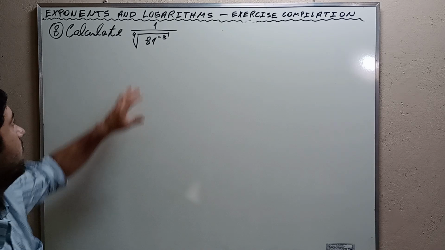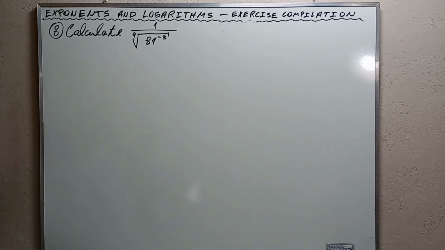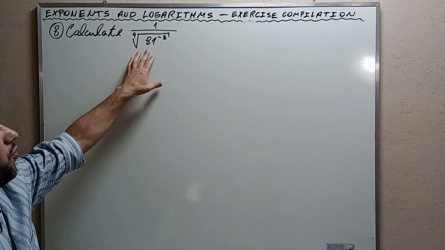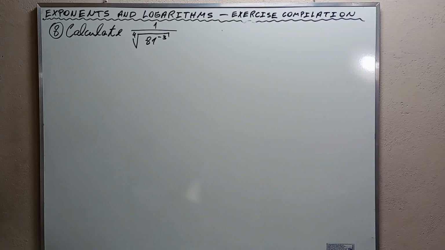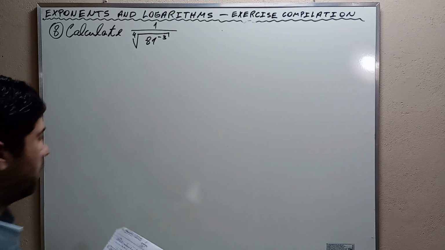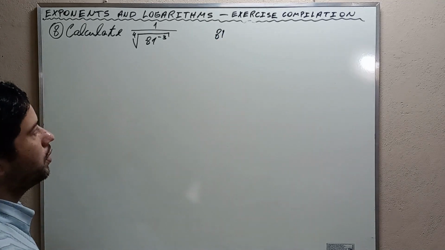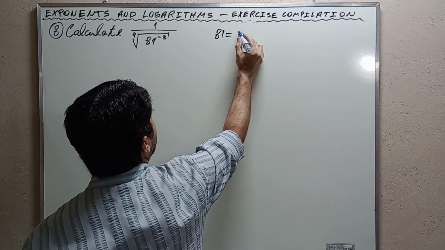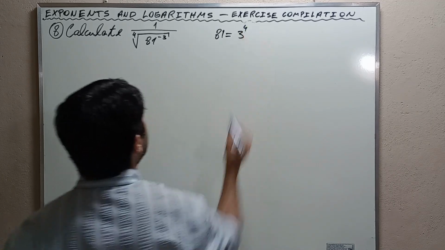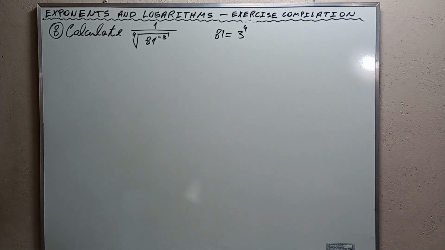Exercise number 8, calculate this. And to solve, firstly, we have to understand that 81 is equal to 3 to the 4th. Then we are going to substitute 81 by 3 to the 4th.